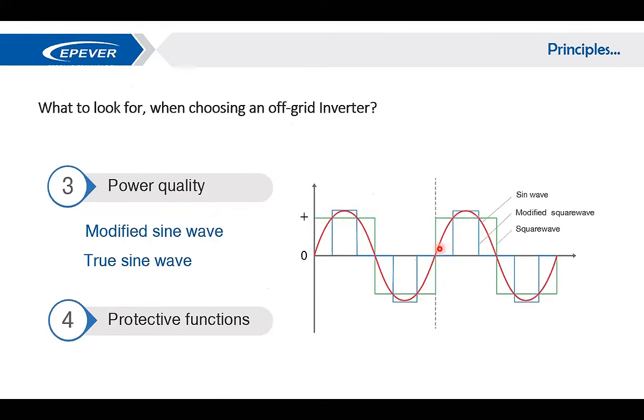A modified sine wave inverter can adequately power some household appliances and power tools. It is cheaper, but may present certain problems with some loads such as computers, microwaves, ovens, and laser printers. Virtually all low-cost power inverters are modified sine wave.